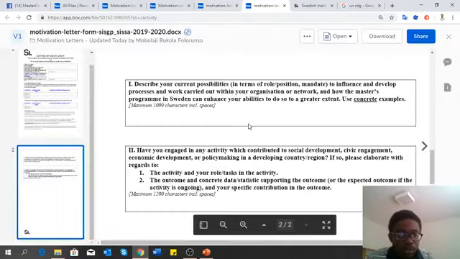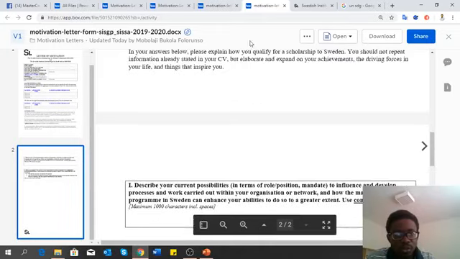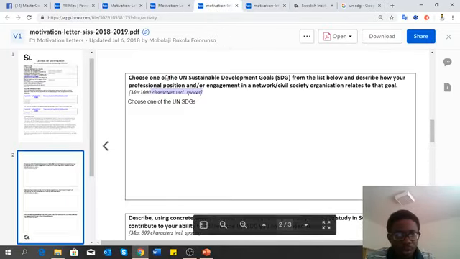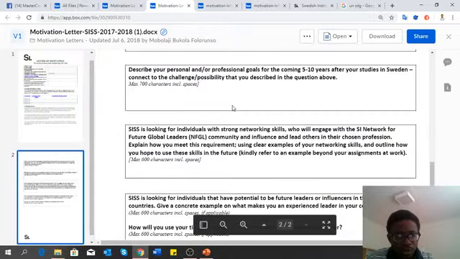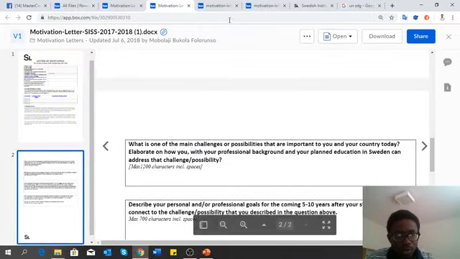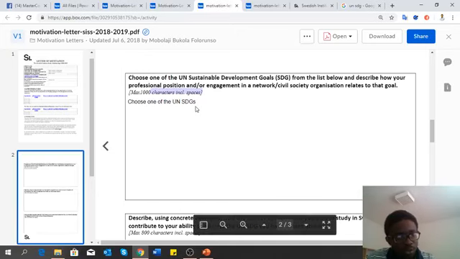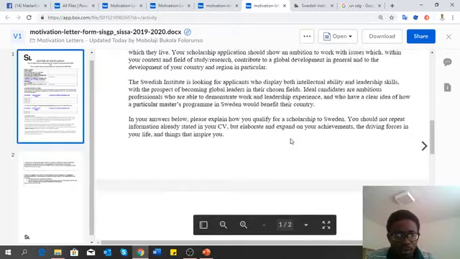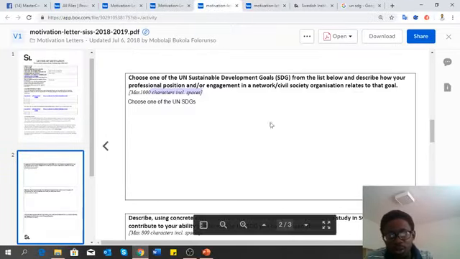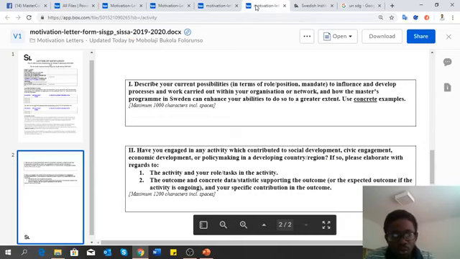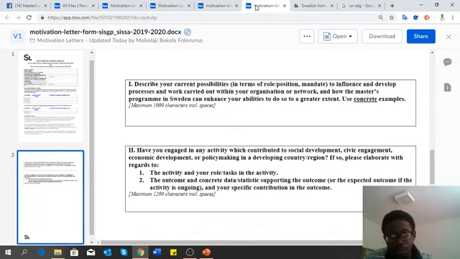Okay, let me see. Yeah, that's the only motivation letter that has talked about UN SDG. From what I'm seeing here, they just ask you to pick one. So it depends on how the question comes out in the next motivation letter.